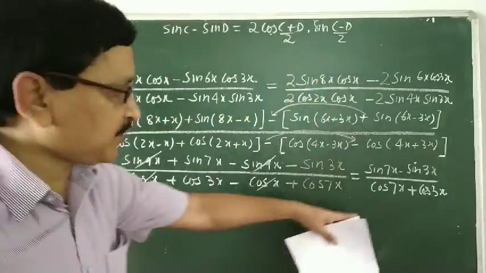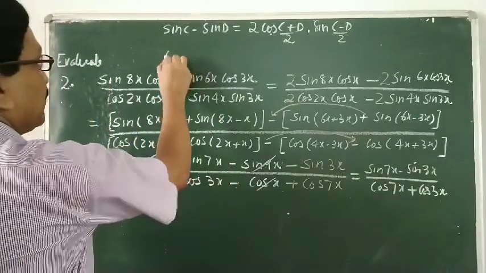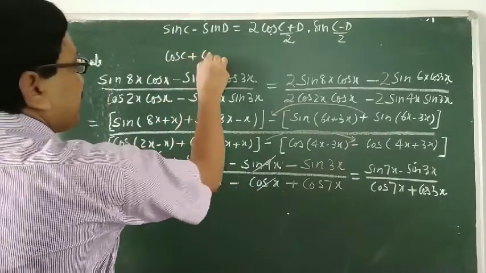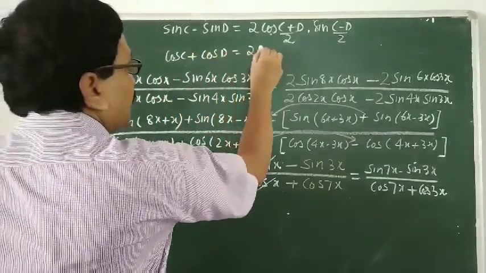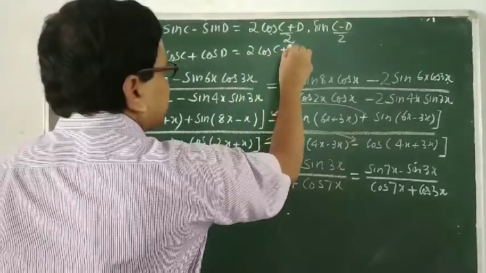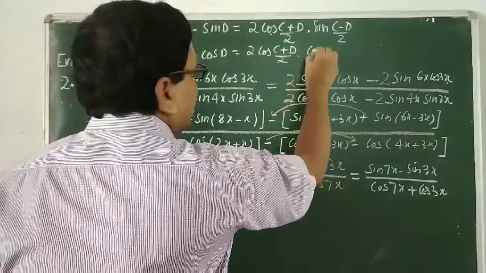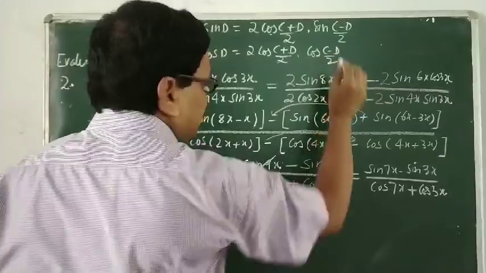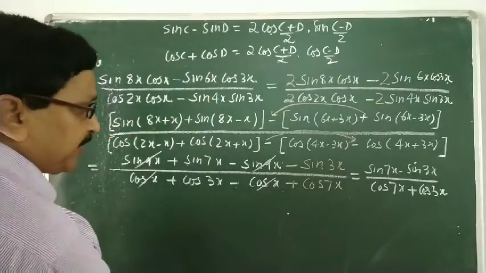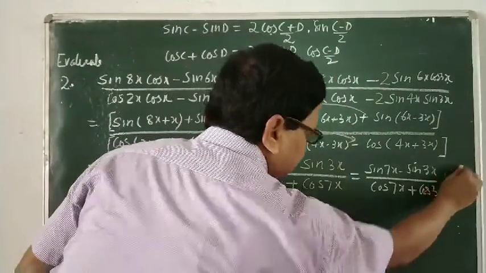Now for cos c plus cos d, this is 2 cos c plus d by 2 into cos c minus d by 2.